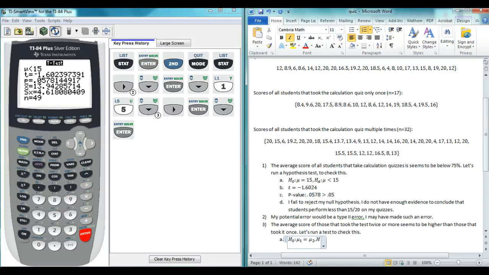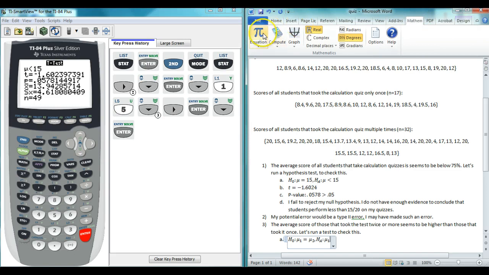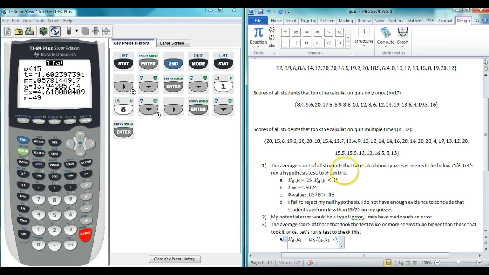As opposed to an alternative, which would say that mu 1 is not equal to mu sub 2.